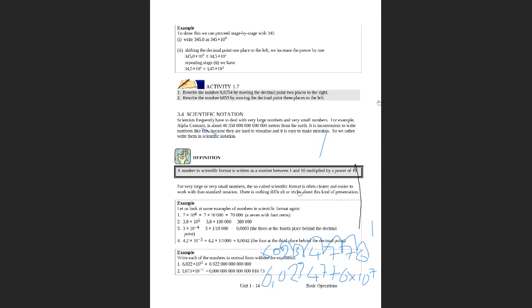Can you write a number like pi in scientific notation? Because we're told that after the comma, the numbers go on forever. Pi is an irrational number. So we cannot write irrational numbers in scientific notation, because irrational numbers don't end.